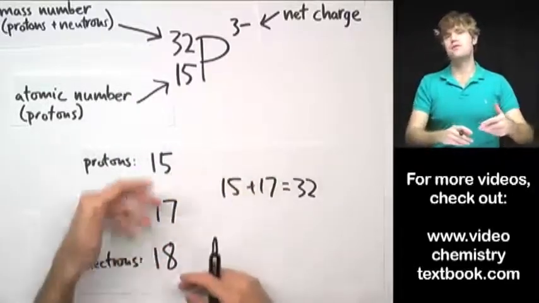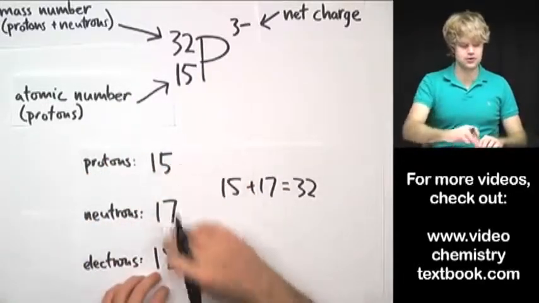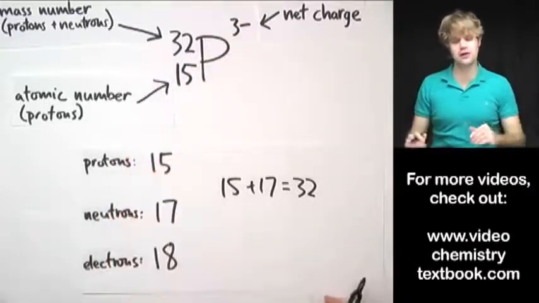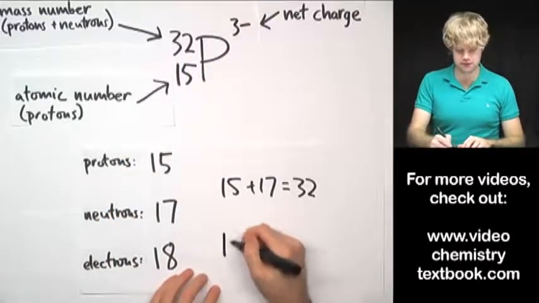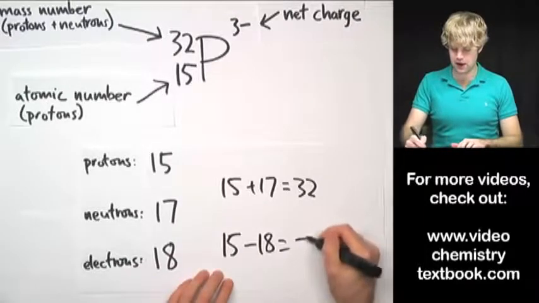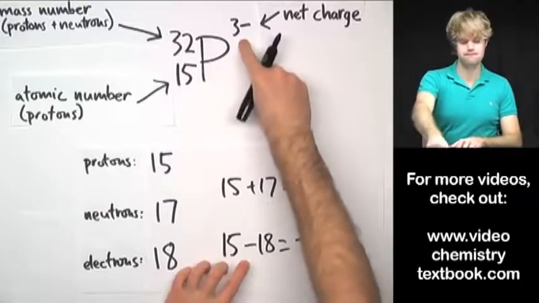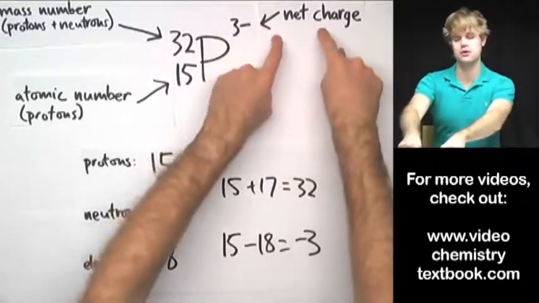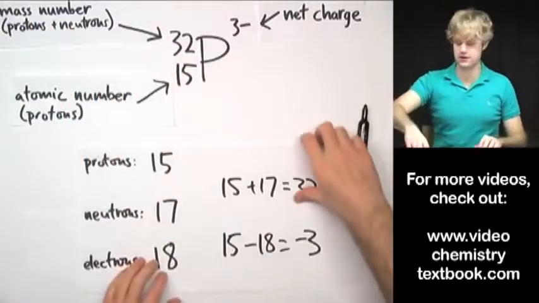I kind of like to just figure it out, think about how many more electrons or protons I have. But if you want to know how to always calculate the net charge, you can take the number of protons and subtract the number of electrons from it, and there I get -3, and that's my net charge. We usually write things 3 minus when we're doing the net charge, 2 minus, that kind of thing.